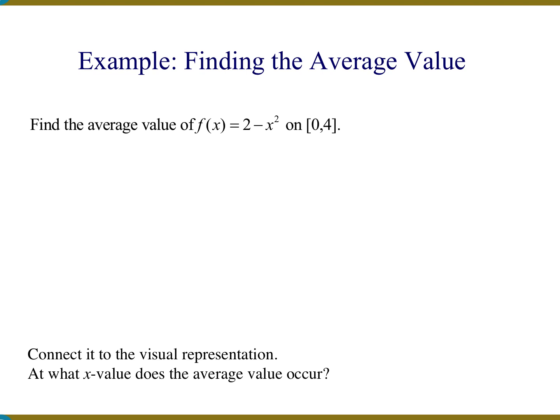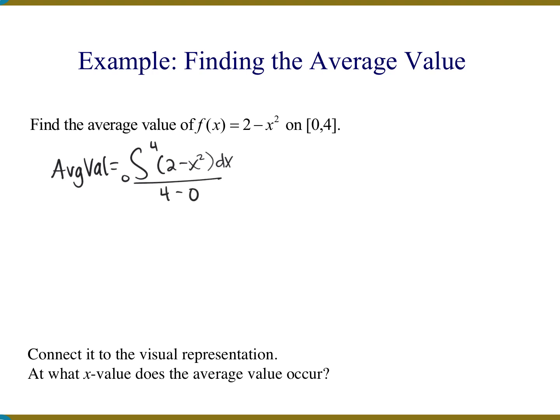Find the average value of the parabola from 0 to 4. Okay, the average value of the parabola from 0 to 4. Okay, so if I just do the math, the average value is the integral from 0 to 4 of the function 2 minus x squared dx over the interval of 4 minus 0.